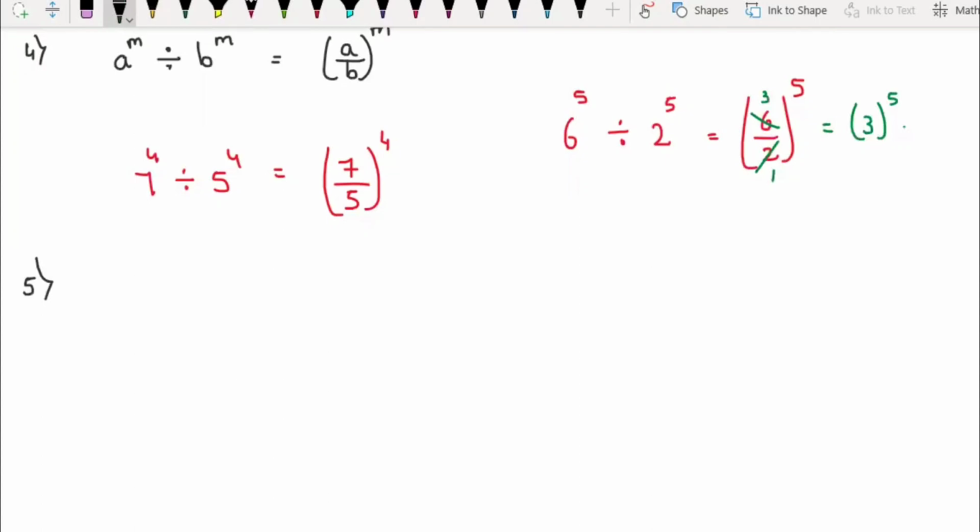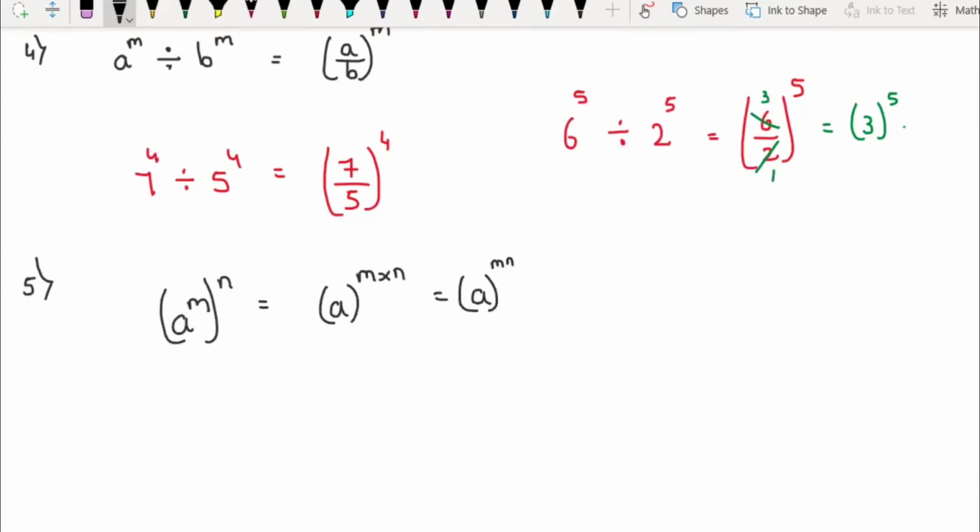Fifth one, what does it say? In the fifth one, you are going to come across a little bit different one, where you come across two powers, like a to the power of m whole to the power of n. So what can we do with this? We need to multiply our powers, that is a to the power of m into n. We can write it as a to the power of mn.